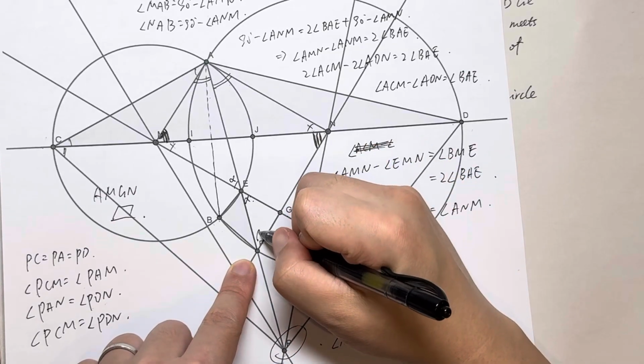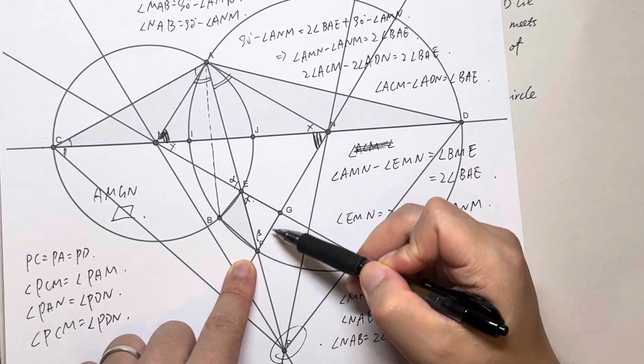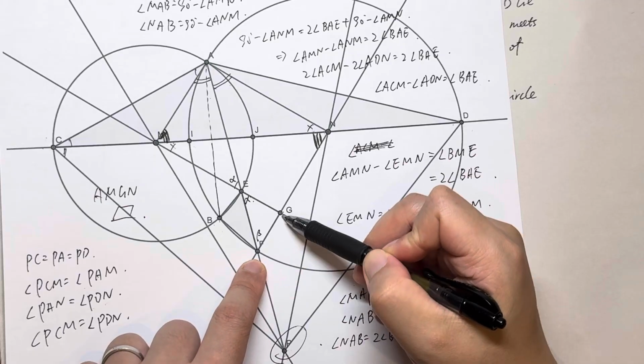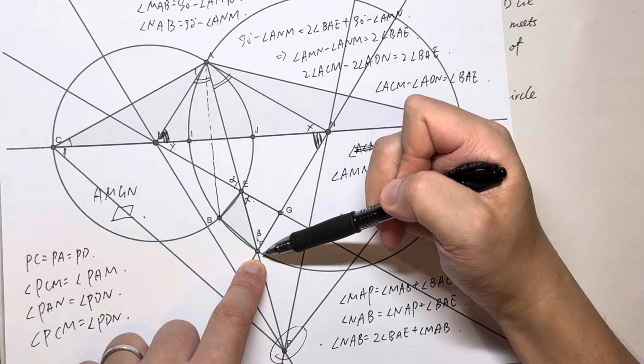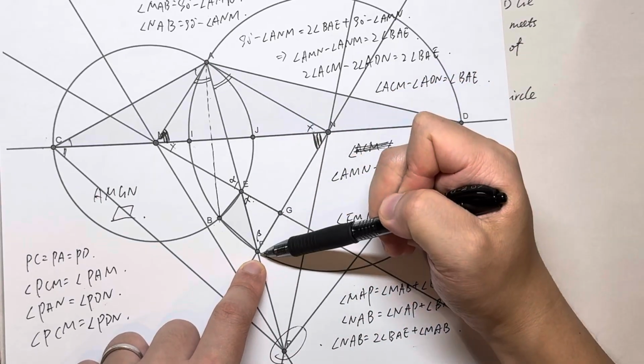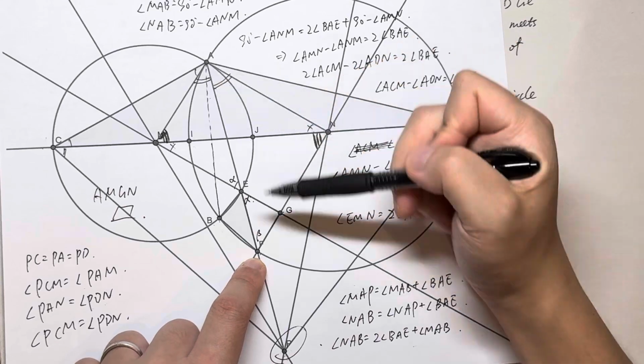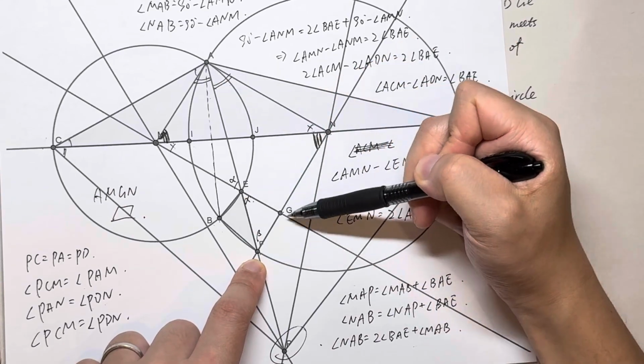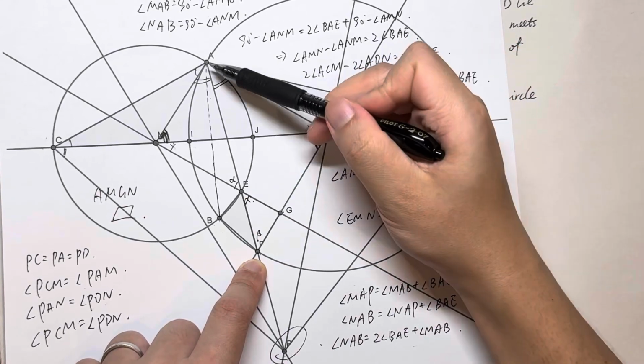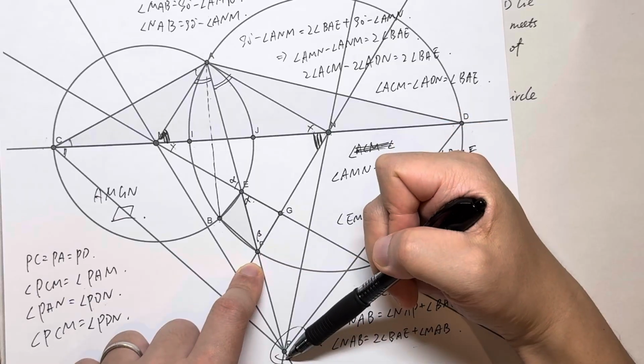For the angle EFG, because NF equals to NA, the angle EFG equals to angle NAP.